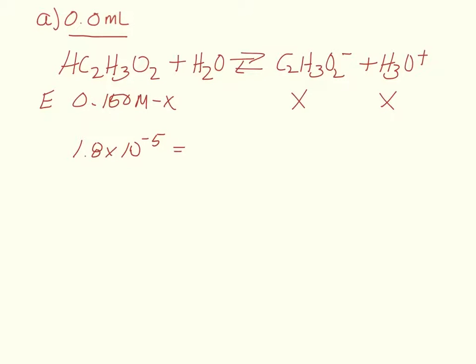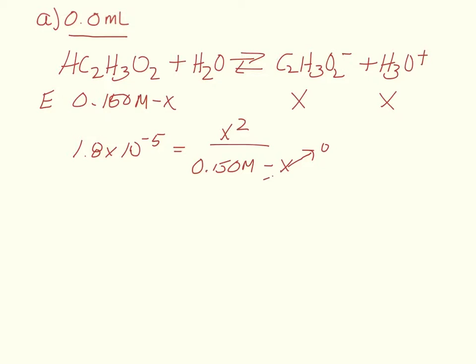And if I put that into the Ka expression, that's equal to x squared over the original concentration of the acid, 0.150 molar, minus x. And this x will be negligible, so I'm going to bring that to 0.